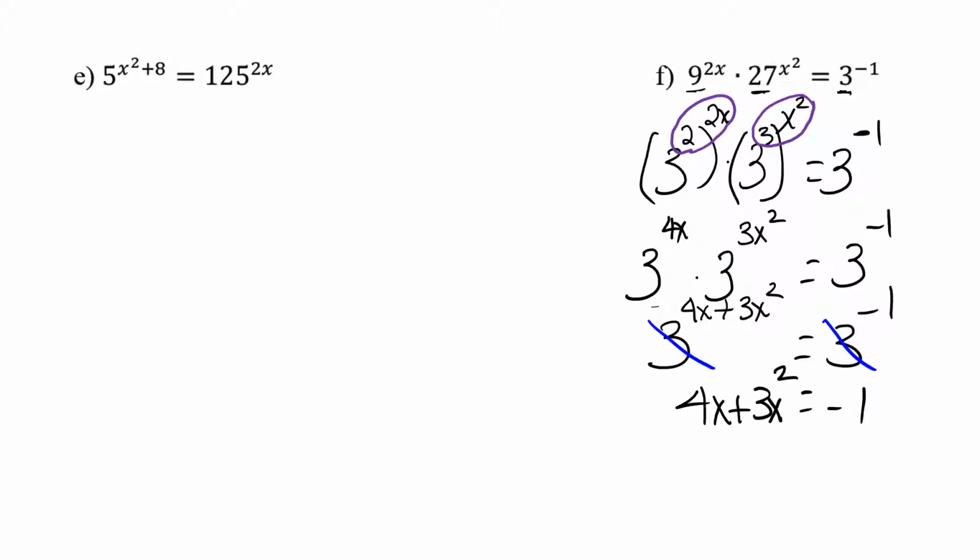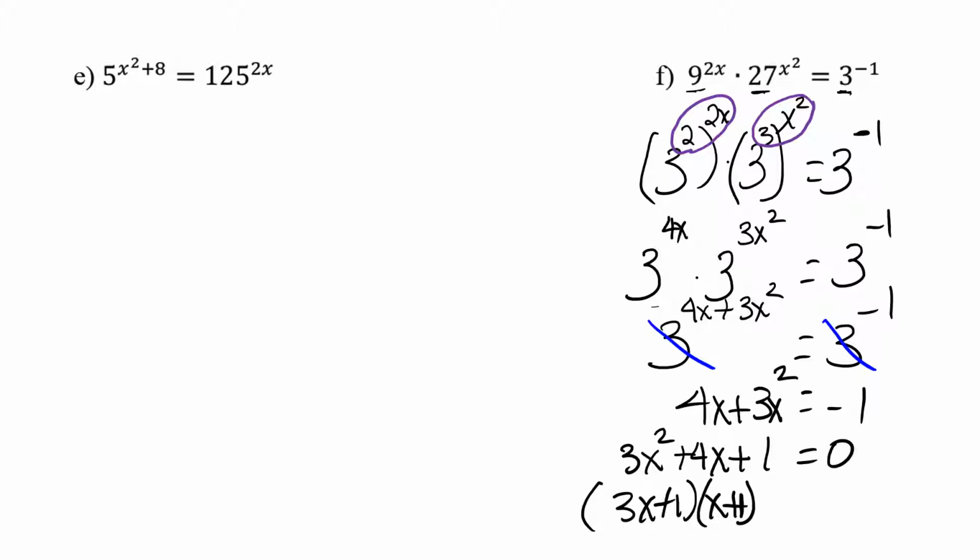I'm going to choose to see if I can factor it first, and I'm going to move everything around. So it isn't equal to negative 1, it has to equal 0. And so moving everything around looks like 3x squared plus 4x plus 1 equals 0. You should be able to factor this as (3x plus 1)(x plus 1) equals 0.